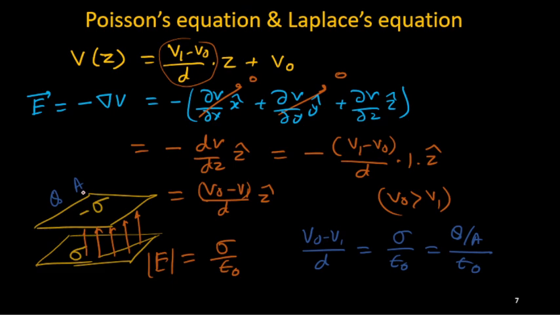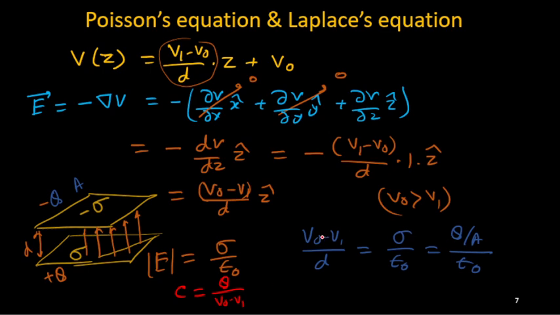One plate has plus charge Q, the other has minus charge Q, and they are separated by a gap D. The capacitance C we can define as Q upon the voltage difference V0 minus V1.